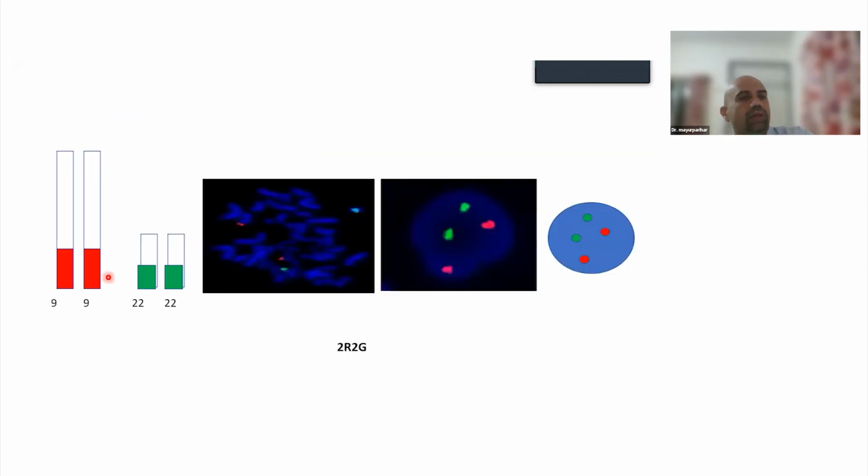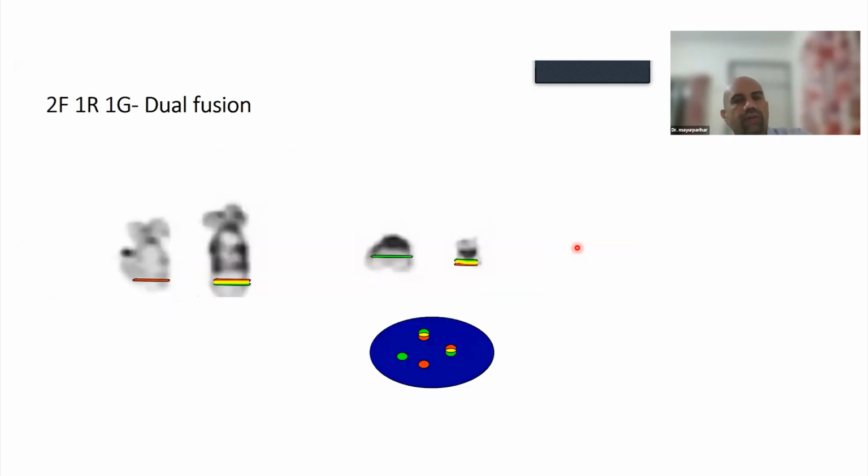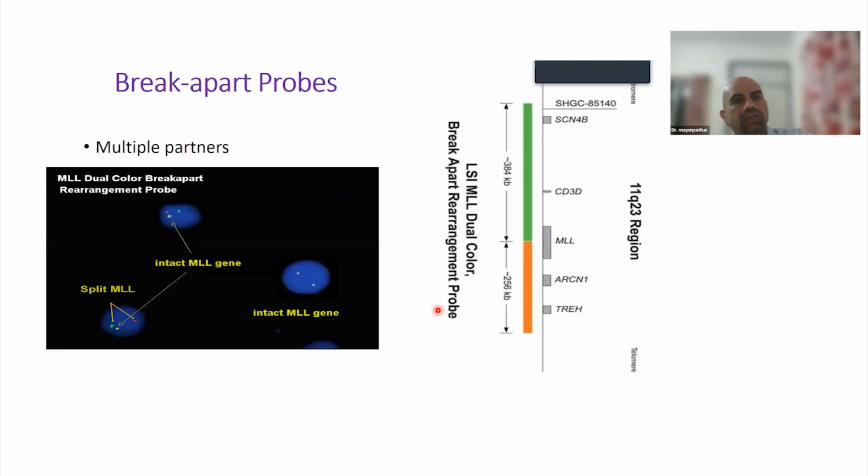For example, 9;22 or BCR-ABL, the ABL1 gene, you have a red fluorochrome, and for 22, you have a probe which has a green. So normally, in normal cells, you'll have 2 copies of every gene. So you'll see 2 reds and 2 greens. The moment there is a translocation, the 9 will give to 22, the 22 will give to 9, you will see yellow signals. So that is how we look at dual color, dual fusion signal patterns.